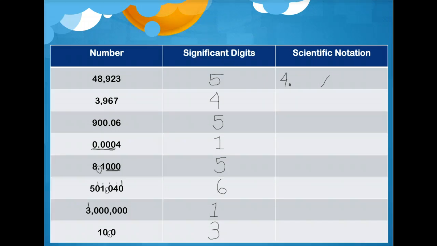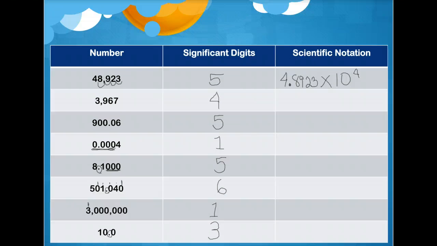That is the number we're going to put here for our exponent. So we had to move it 1, 2, 3, 4. 4 times. Okay? So it's 4.8923. We're going to write all of those numbers down because they're significant. Times 10 to the 4th power.